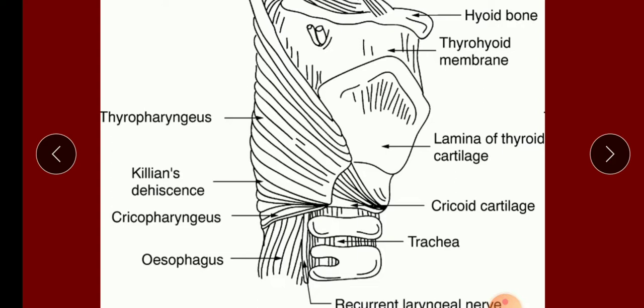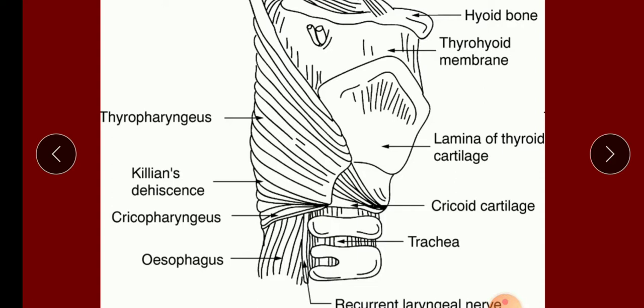So why are we so bothered about this Killian's dehiscence? It is because of some applied aspect in relation to it. What is it? Suppose a neuromuscular incoordination occurs and you have a raised intrapharyngeal pressure.